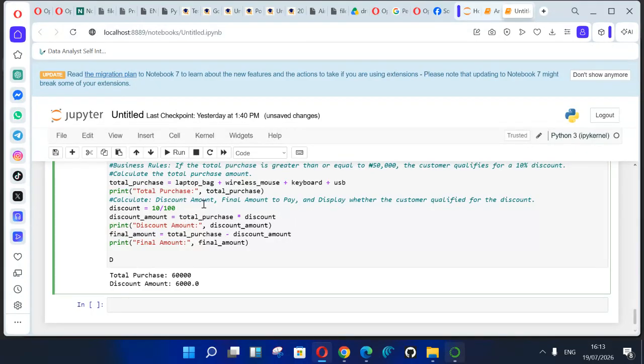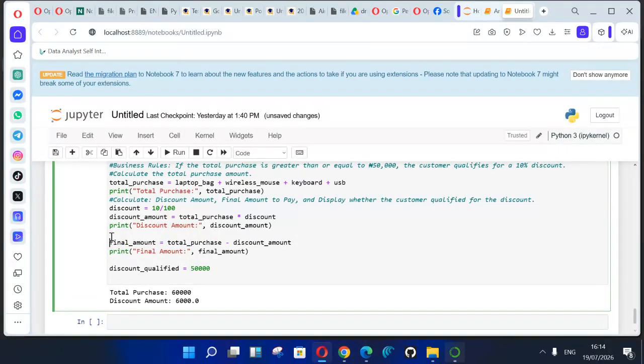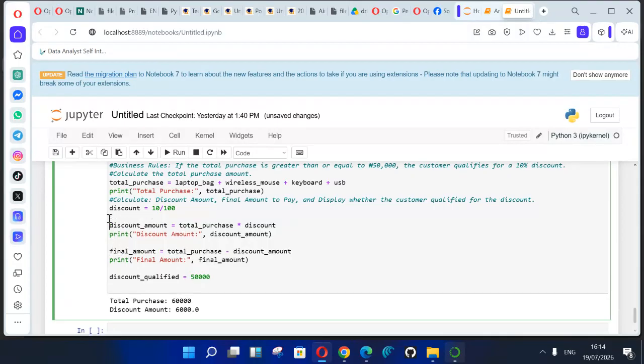Okay, discount qualified is equals to 50. Discount qualified will now say print.